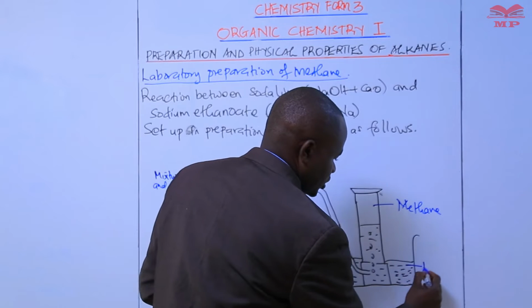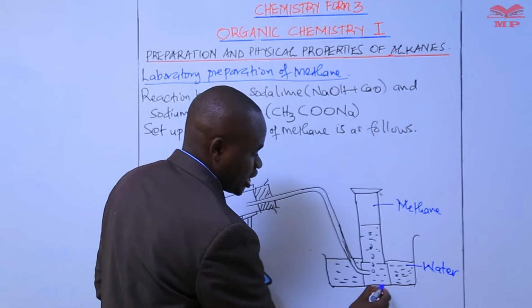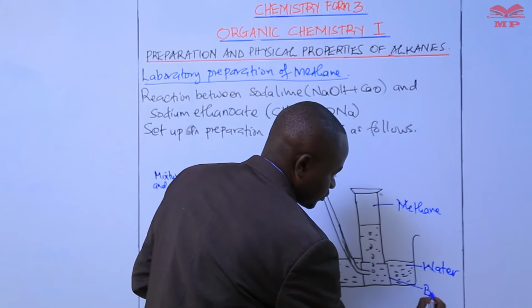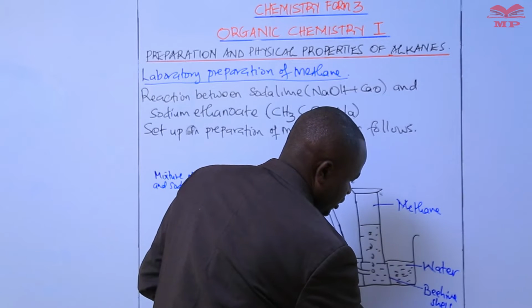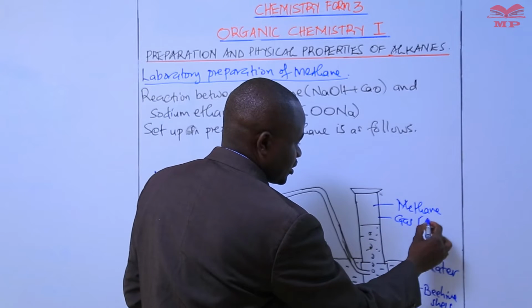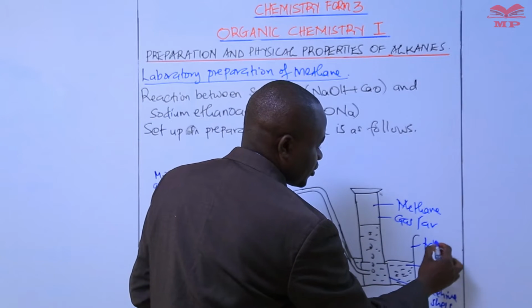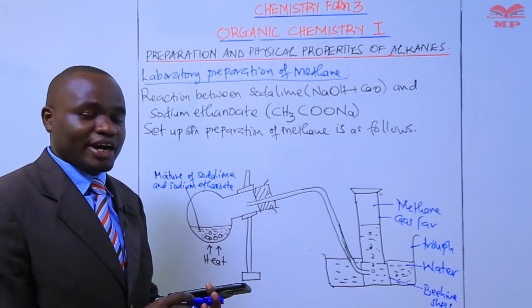So this is the normal water. And then we have our beehive shelf, the normal one. And then this is our gas jar. And then this is our normal trough. So these are just the normal apparatus for collecting gases.